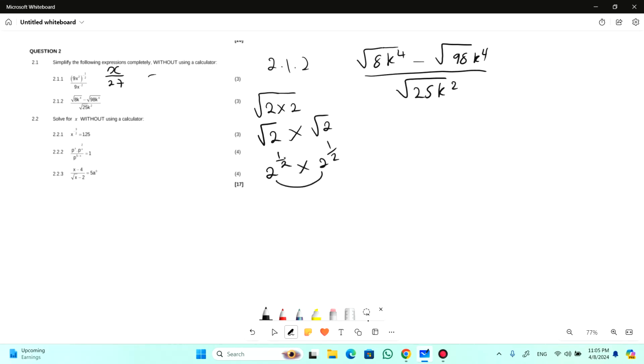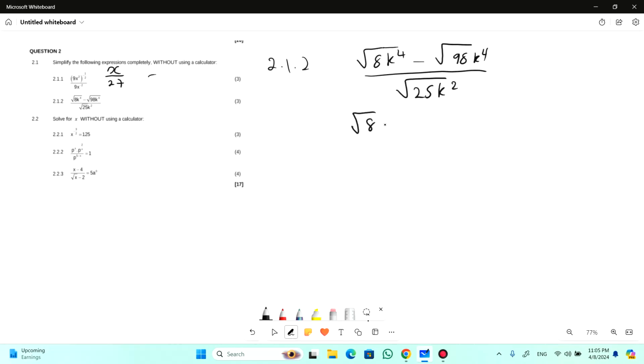The bases are the same, we're adding the two exponents. Now a half plus a half is equal to 1. Therefore, you have 2^1, which is equal to 2. Now if you say 2 times 2, that's 4, meaning the square root of 4 is also equal to 2. Something that you understand there. Okay, now let us move on.